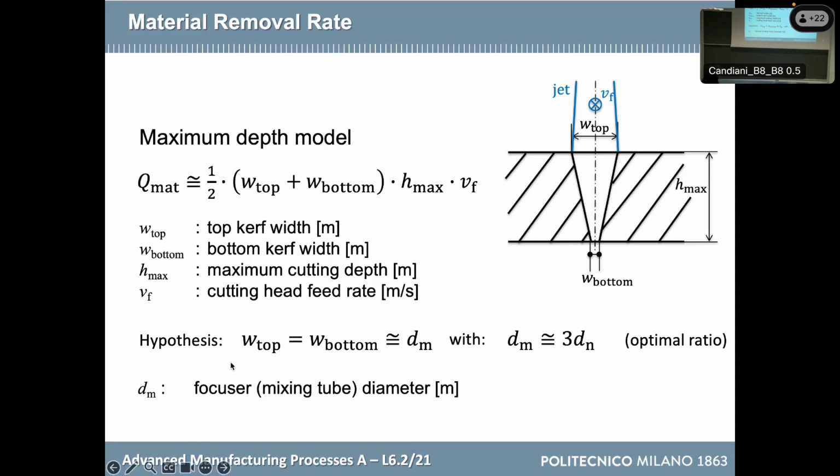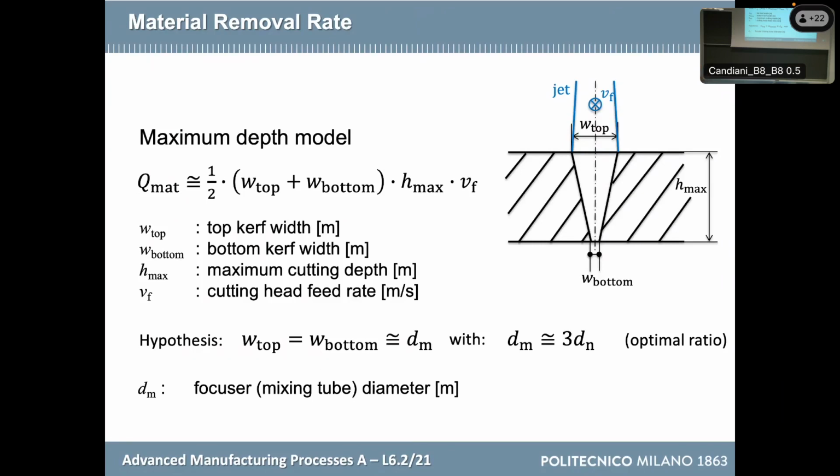so what we say is that the width at the top is equal to the width at the bottom. Moreover, we say that they are equal to the diameter of the focuser. dm is the diameter of the focusing tube, which again is an assumption. This last assumption is not so hard, in the sense that at the exit, the jet assumes obviously the diameter of the internal diameter of the focuser.